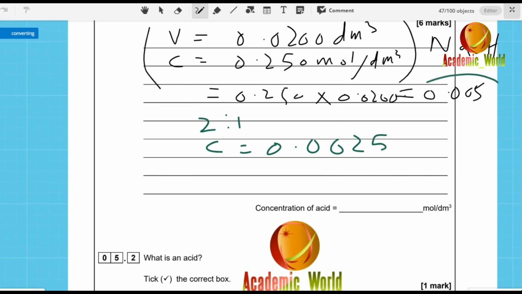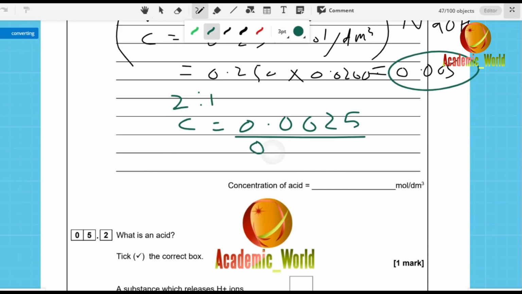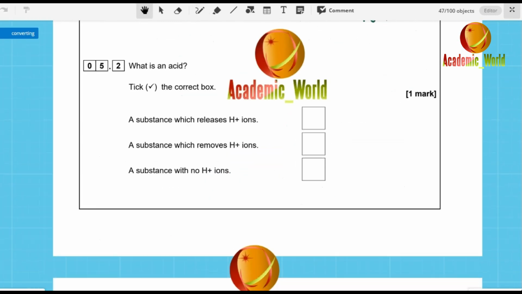Because I took this 0.005 as a half, because the ratio is 2:1, divided by the volume, that should be 0.015. Okay, and here the answer will be 0.167. Is that clear? Because you have to write three significant figures, so that is equal to 0.167.